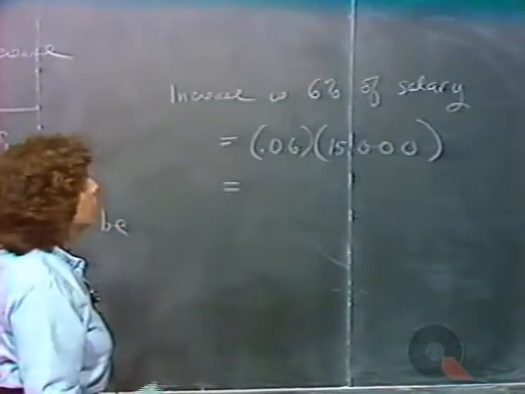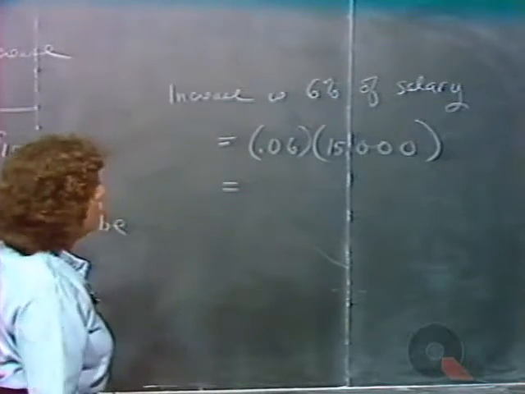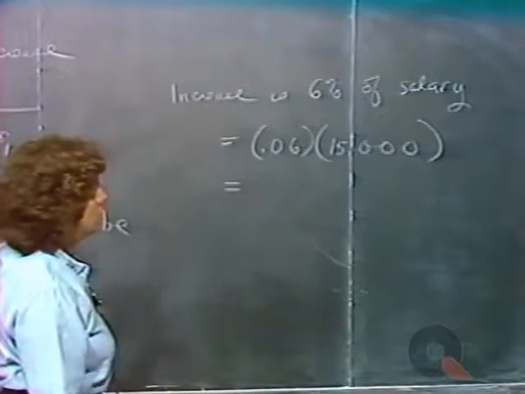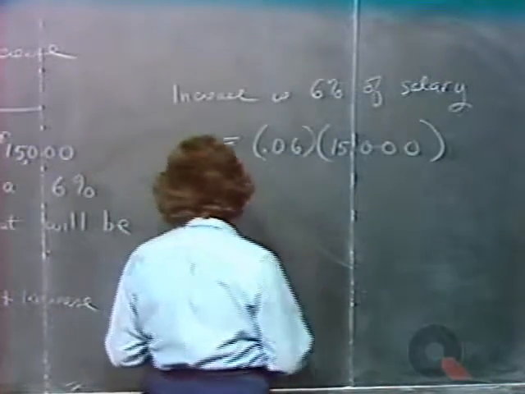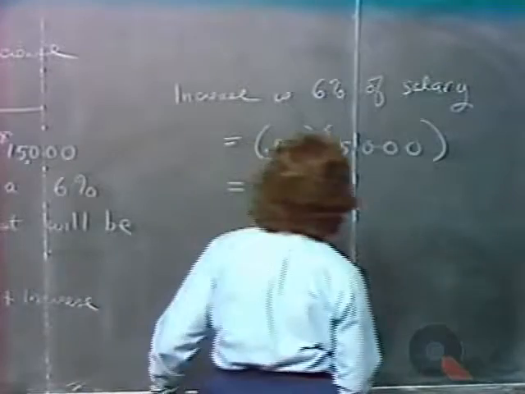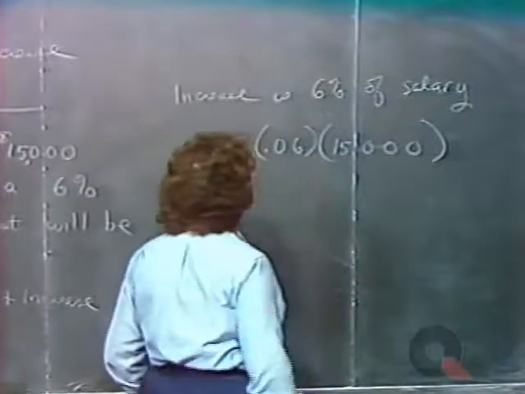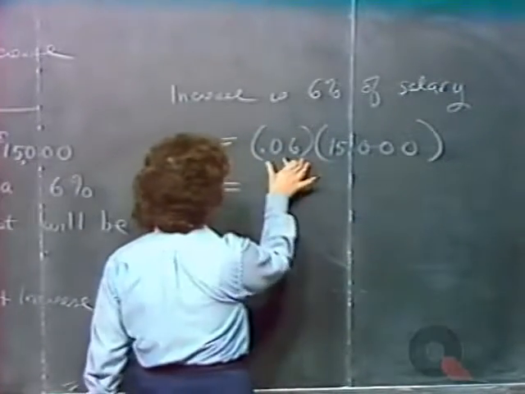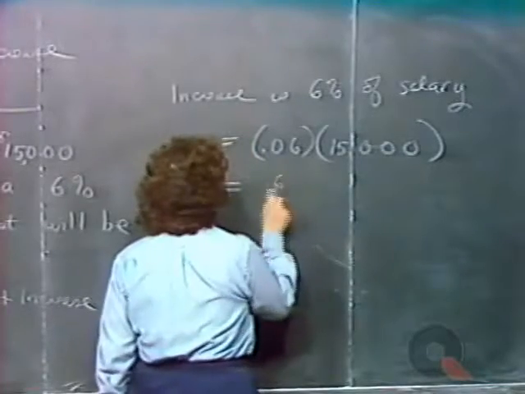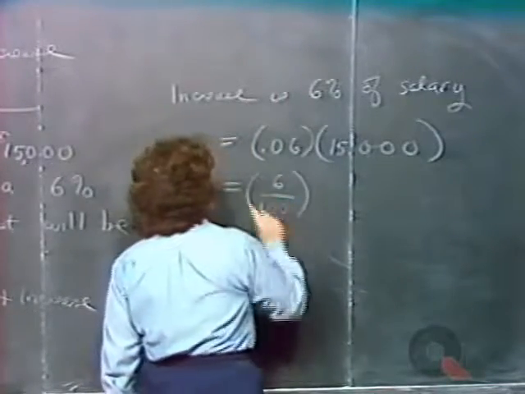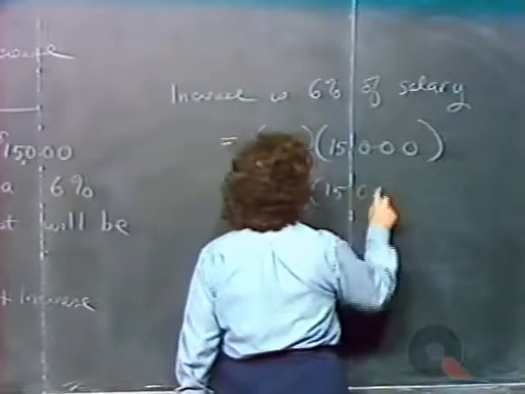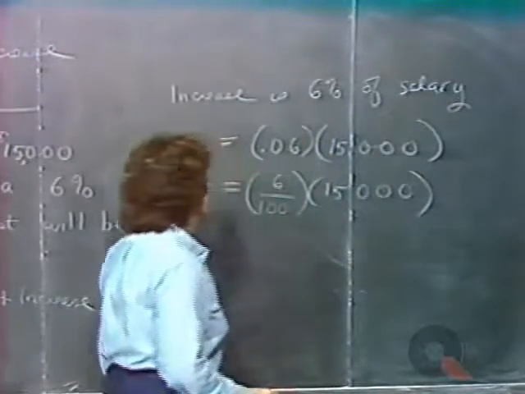We will compute 6% of 15,000, 6/100, or 0.06 times 15,000. Okay? You can do this either as decimal multiplication, or you could say 6/100 times 15,000.